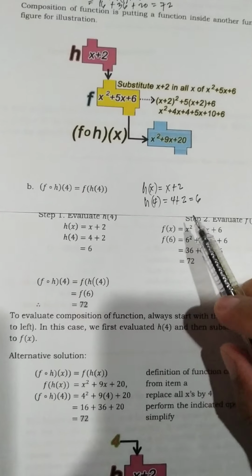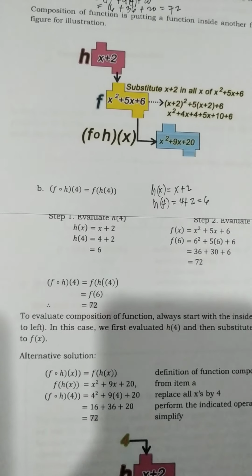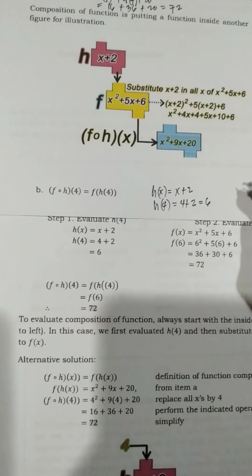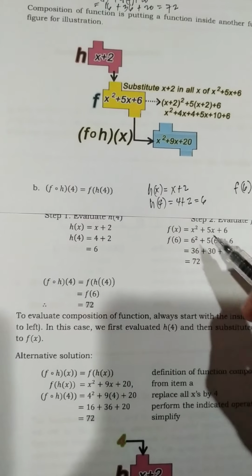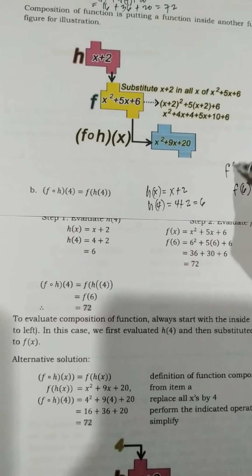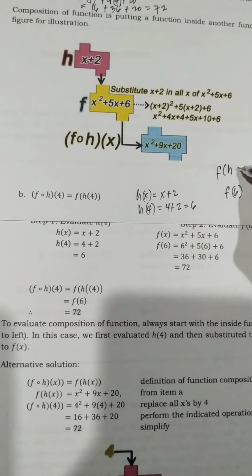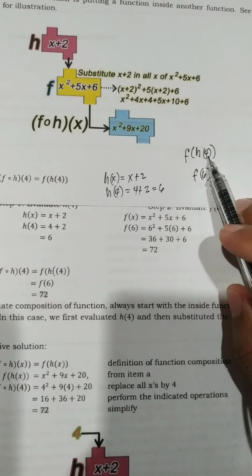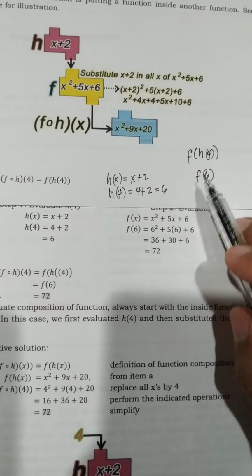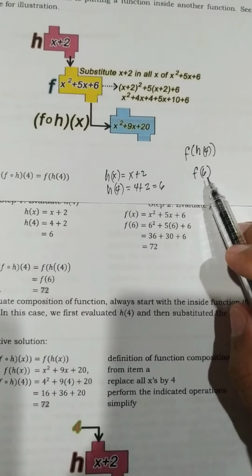But what we are looking for is f of h of 4, so we have here f of 6. Since h of 4 is equal to 6, it will be replaced by 6. So you have your f of 6.